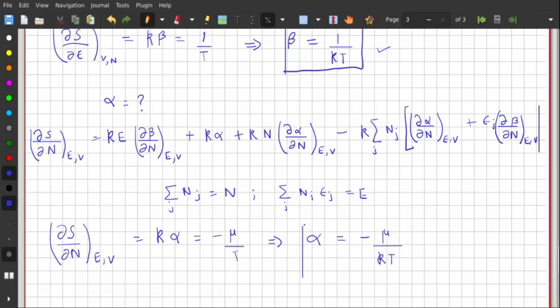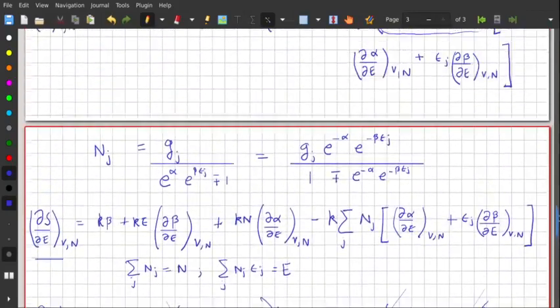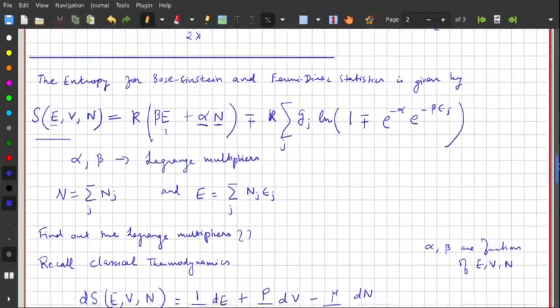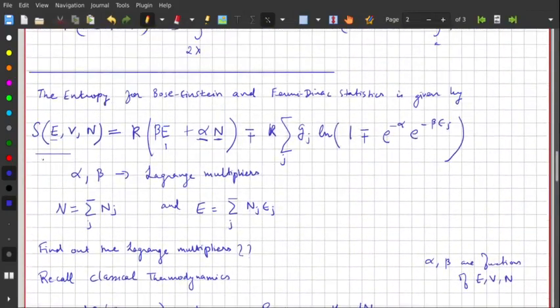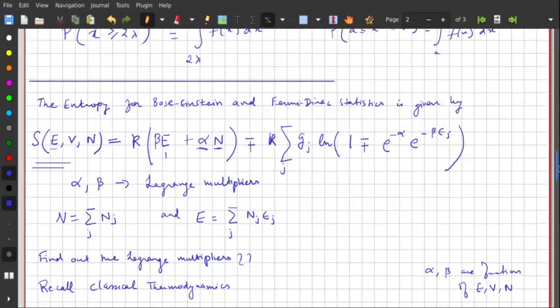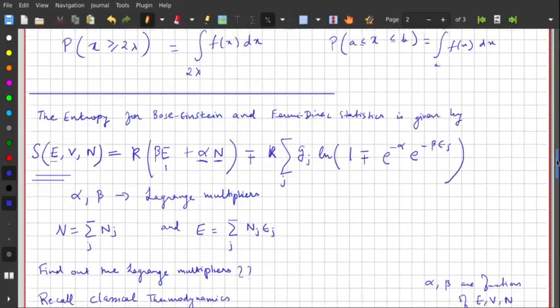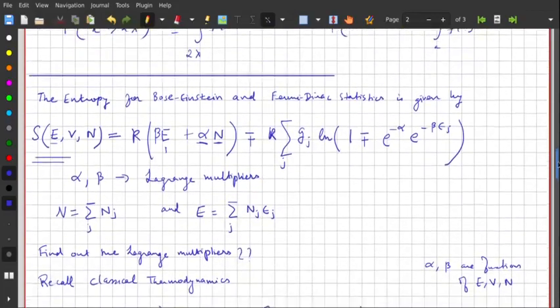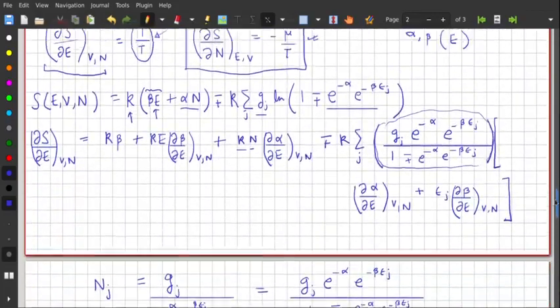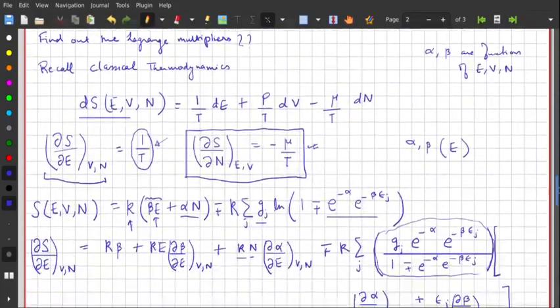That's the generic method of finding the Lagrange multipliers in the case of Bose-Einstein and Fermi-Dirac statistics, when we started with the entropy. This could be done, by the way, for any other macroscopic thermodynamic variable, like the Helmholtz function, the internal energy, or the Gibbs free energy, but the methodology remains more or less the same.